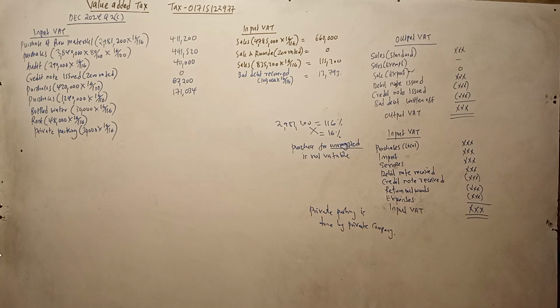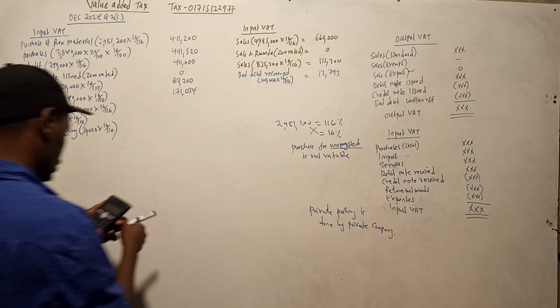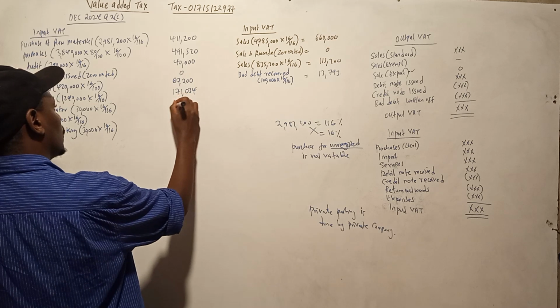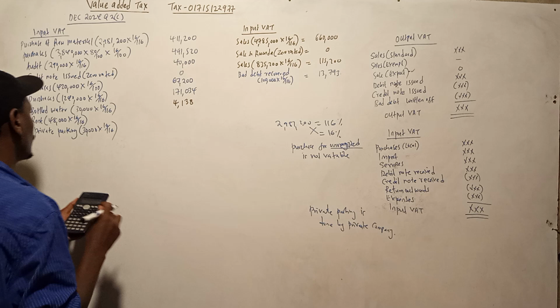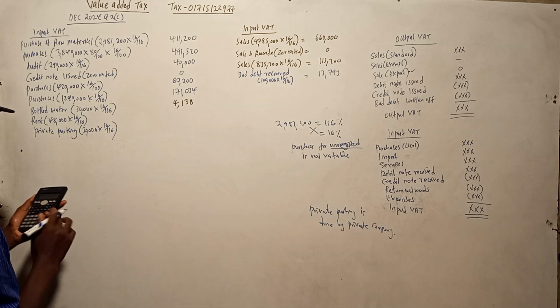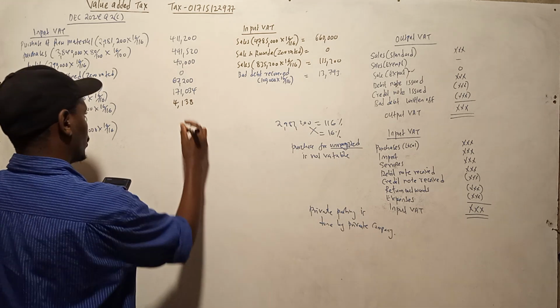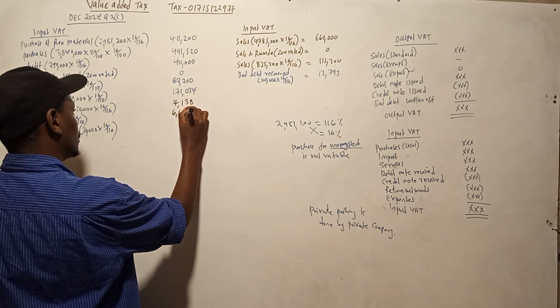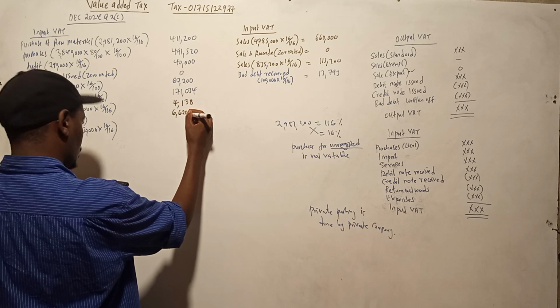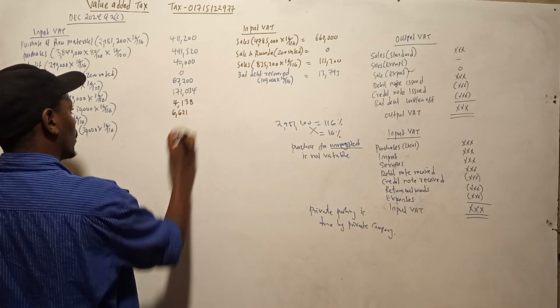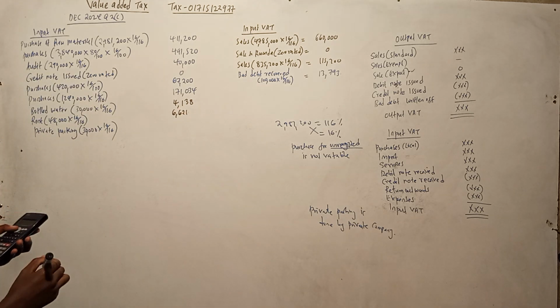Now we input the figures. 30,000 times 16 over 116 is 4,138, rounded off. Then we have 48,000, which is 6,621.